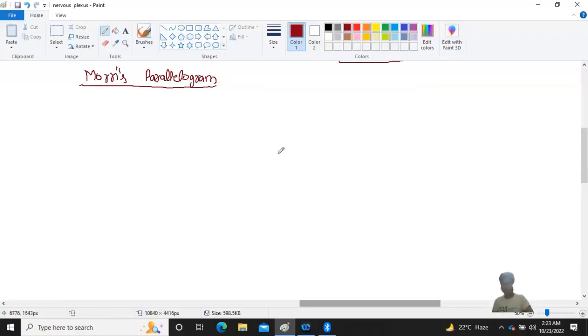First note this. Let's say this is the T11 vertebra, and the T11 vertebra has a spine, and this is the lumbar vertebra. Here we draw the lumbar vertebra.